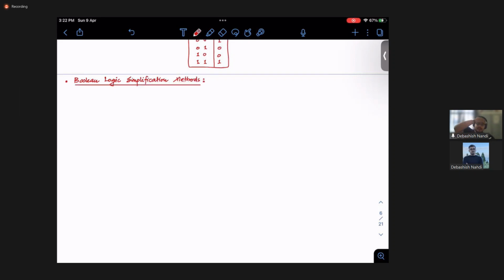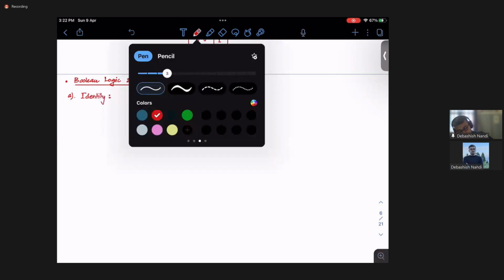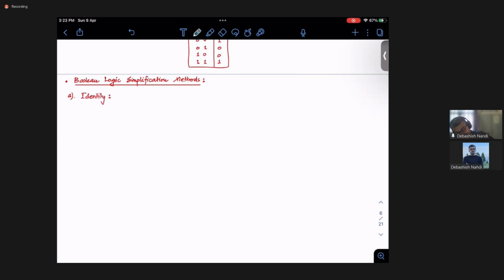So let's start. The first one is called identity, right? Identity. Okay. And what does it say? It says that suppose you have an input x, and if you add it to 0, it remains x.